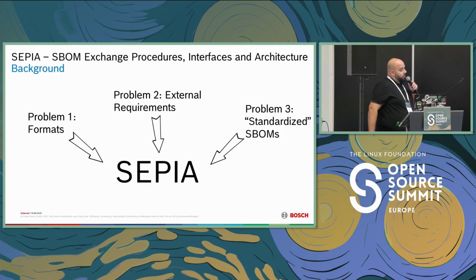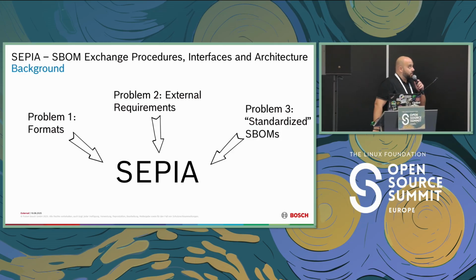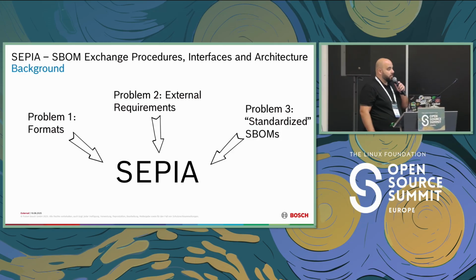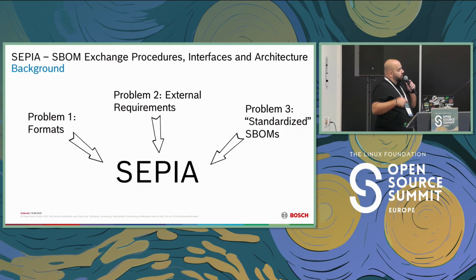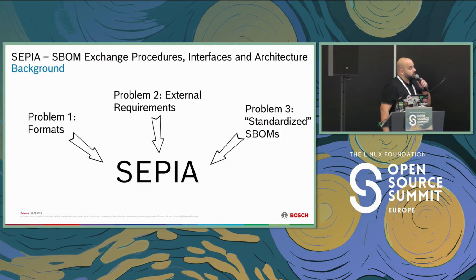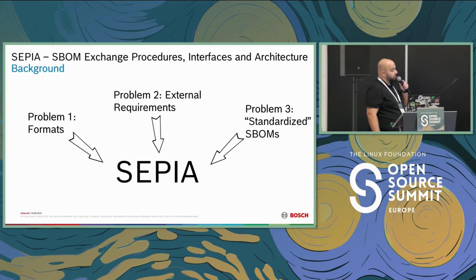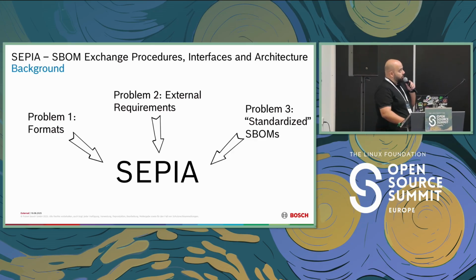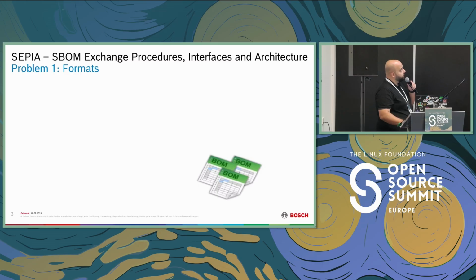So we'll break down the individual problems. As I said, we'll go through a bit of a history lesson of what the ideation process was behind the SEPIA open source project and the tooling itself, and the overall idea for it.